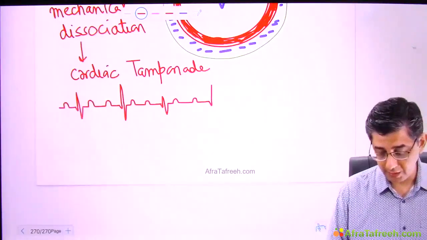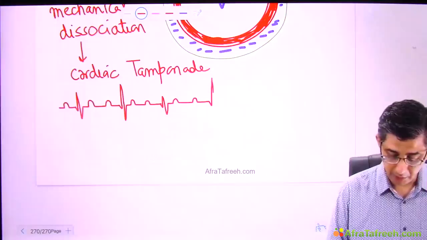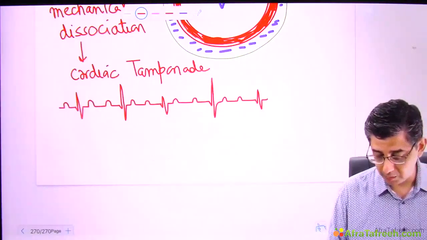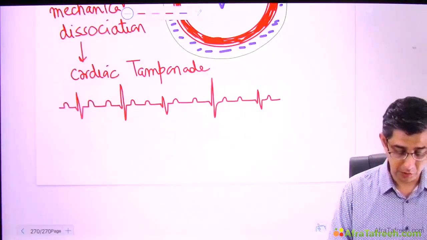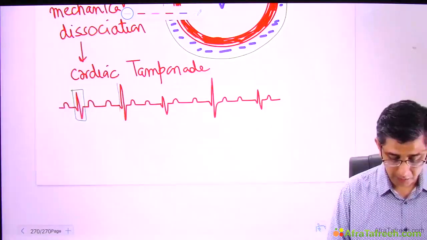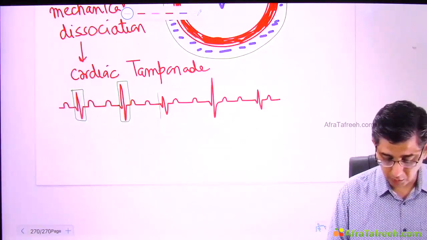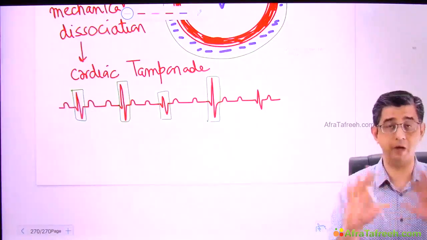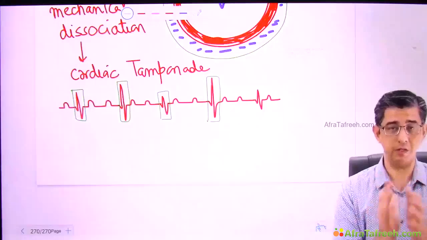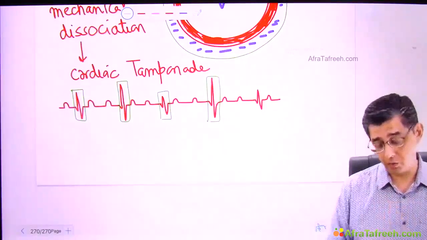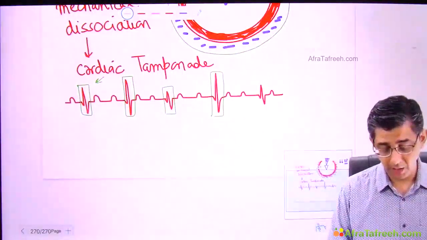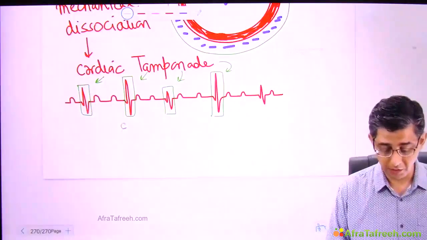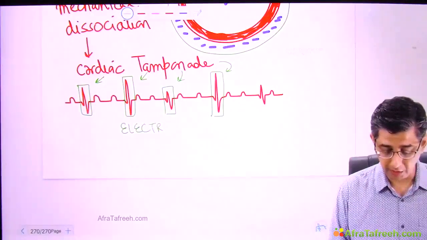You will notice that as such, the duration component is fine, but the amplitude of QRS complex is definitely changing. This is what I'm saying. You can notice that the amplitude of QRS complex is having a beat to beat variation because the heart is now dancing in a bag of blood. The swishing action, the heart is beating in a bag of blood. So the voltage gradient is changing, and this has been described even in diseases of the pericardium. The ECG finding is called electrical alternans.